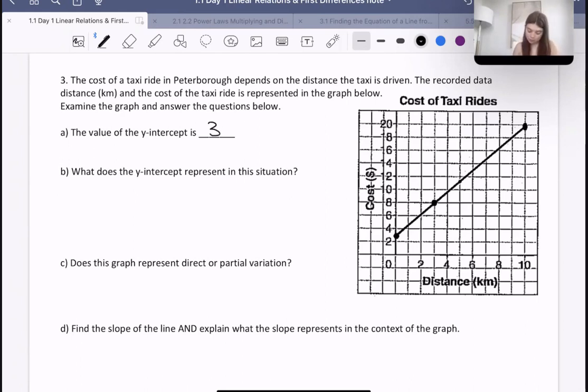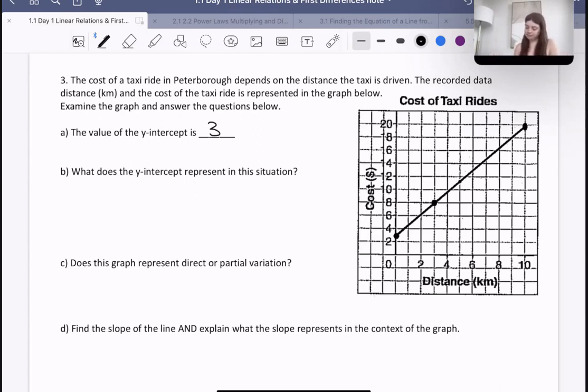What does the y-intercept represent in this situation? I would say it represents the cost without any distance being traveled, right? So when we haven't traveled at all, it's $3. So it looks like there's a one-time $3 surcharge to ride a taxi at all.